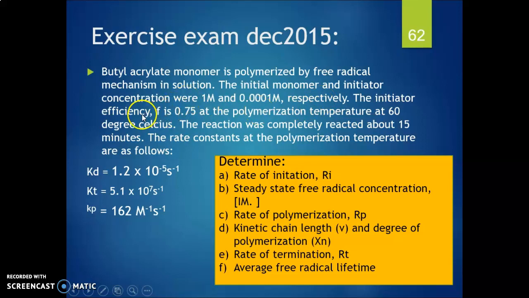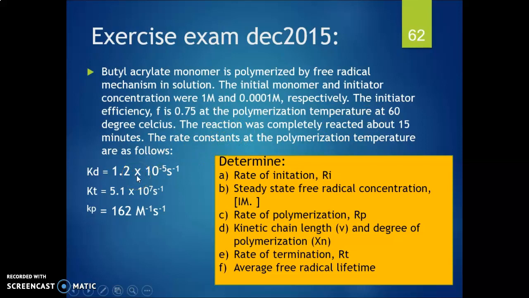The initiator efficiency F is 0.75 at the polymerization temperature of 60 degrees C, and the reaction was completely reacted in about 15 minutes. The rate constants at the polymerization temperature are as follows.